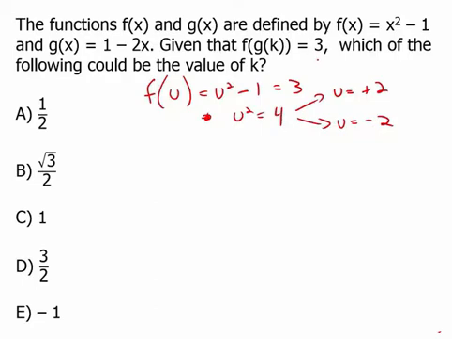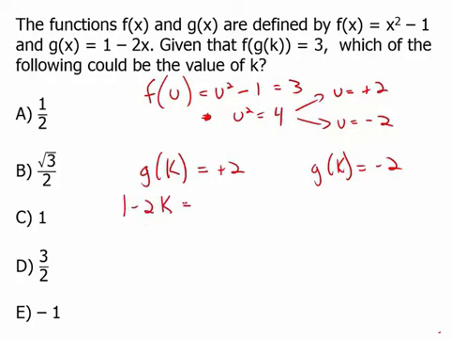Well, the input of f is the output of g. So if g of k equals either positive 2 or if g of k equals negative 2, then f will have an output of 3. Well, what values of k produce these? Well, g is 1 minus 2k equals 2. 1 minus 2k equals negative 2.